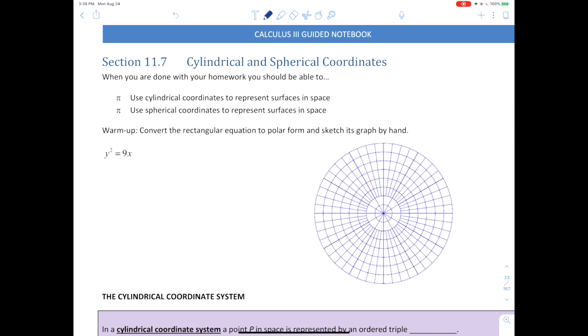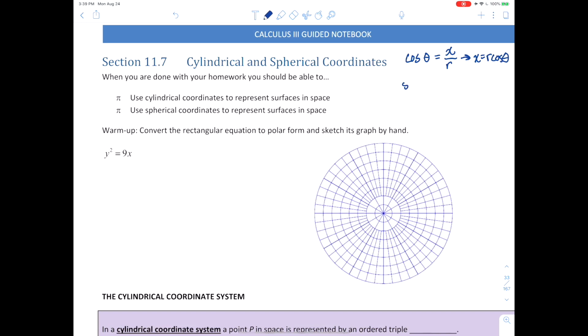Let's warm it on up, and a couple of things you're going to want to remember. Just your basic right triangle trig. Remember that cosine of some angle theta is equal to the side adjacent over r, right? And that leads us to x is r cosine theta.